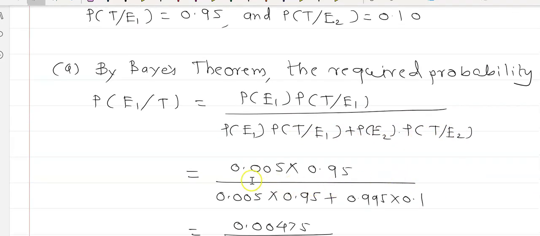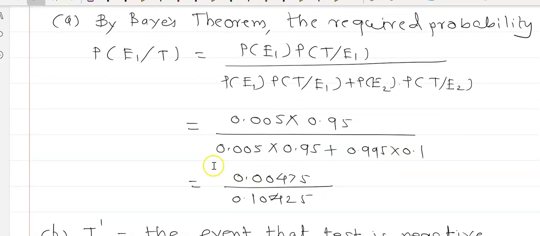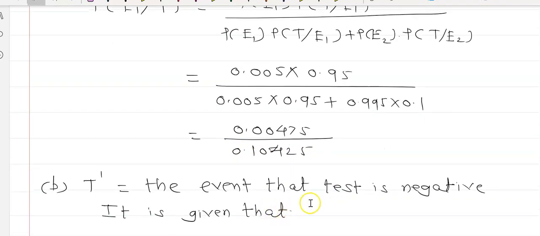That is equal to 0.005 into 0.95 upon 0.005 into 0.95 plus 0.995 into 0.1, and after the calculation you will get 0.00475 upon 0.10425.